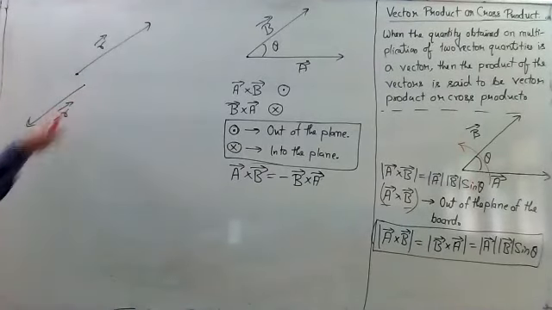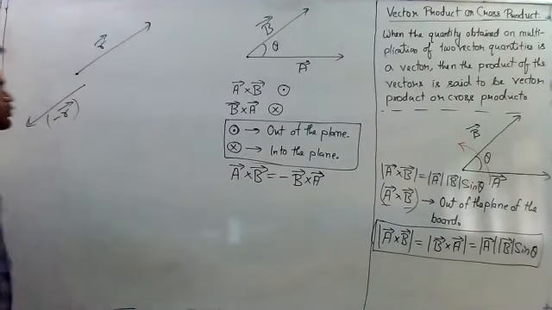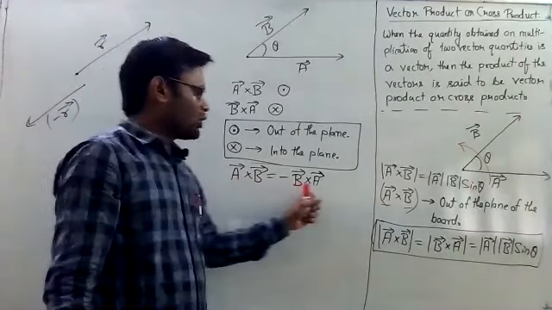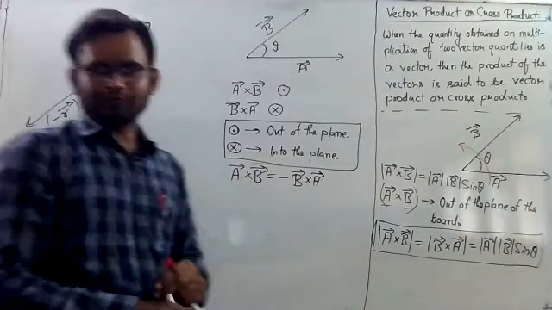If they are directed in the opposite direction, I am going to take the negative of that vector quantity. So similarly, A cross B is equal to minus of B cross A.